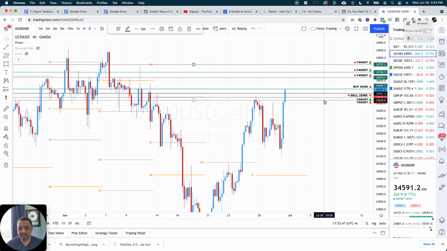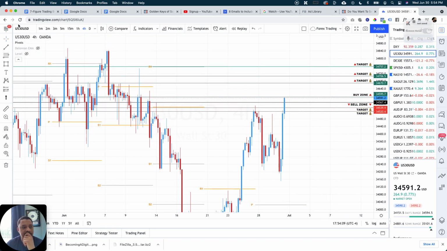If it breaks below this target, then you'd be seeking to mitigate what some will call an institutional play right here. So I'll leave it like that. I'll come back to it.